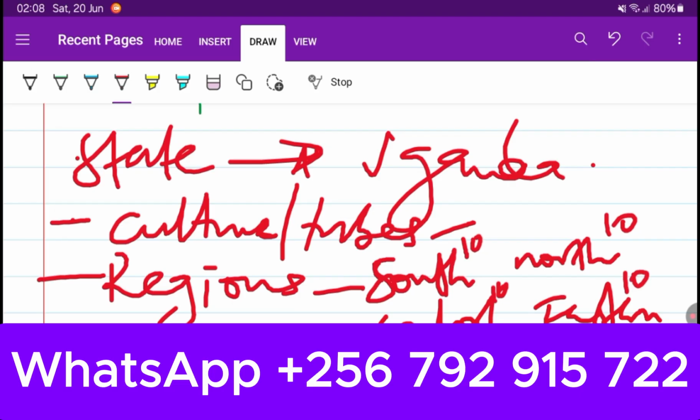So since we are going to have 5 regions, then we are going to have 10 people from each region, meaning we shall have 10 times 5. That will be 50 people. We shall have 50 people forming up what you call the stratified sample.